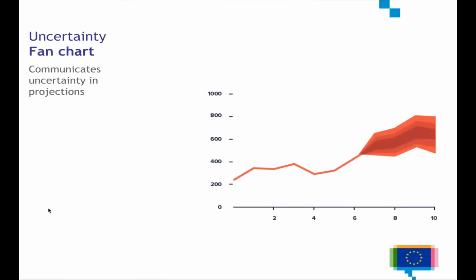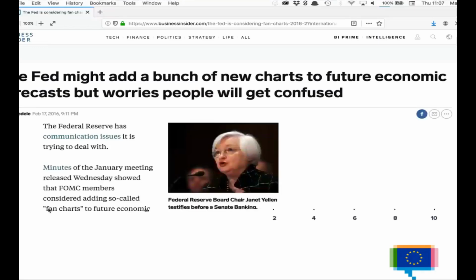And with the fan chart, you can indicate that the thing that people are looking at is not very certain, it is not set in stone, that there's an amount of variability, and so fan charts can communicate uncertainty. And I have an example here.